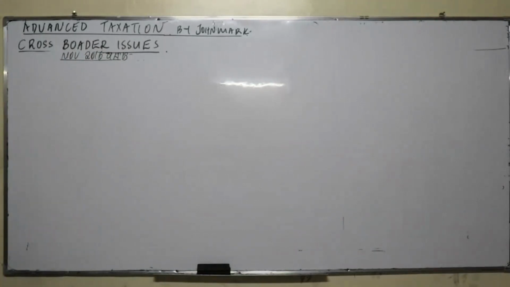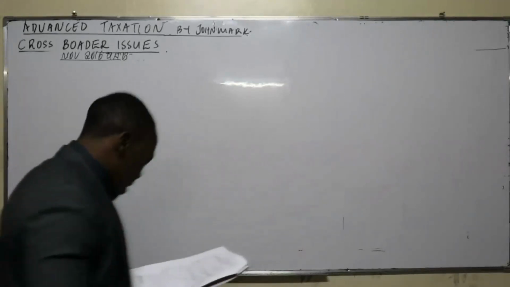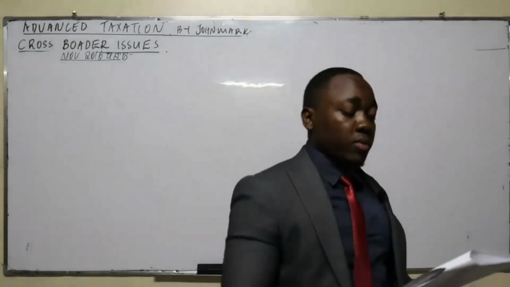It's for Mr. Silvanus Jirani. So we are told that Mr. Silvanus Jirani was a resident of Kenya in the year of income 2015.